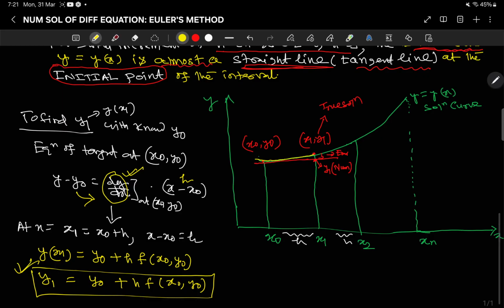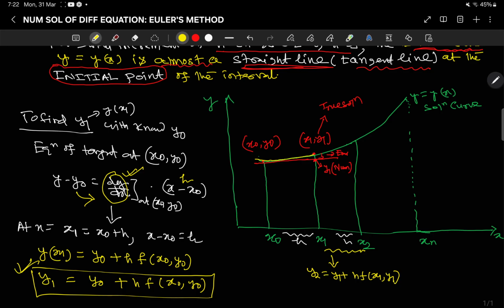Similarly, if we draw the tangent in the next interval, we will find y2 is y1 plus h f(x1, y1).